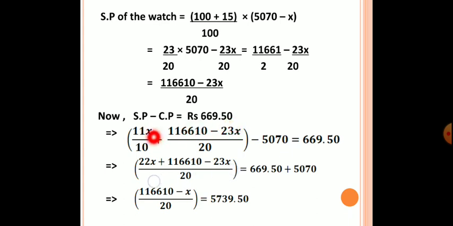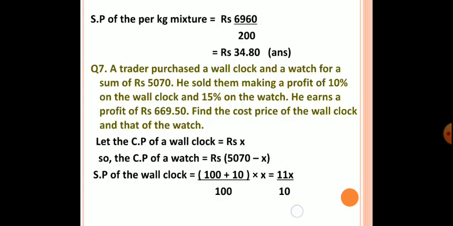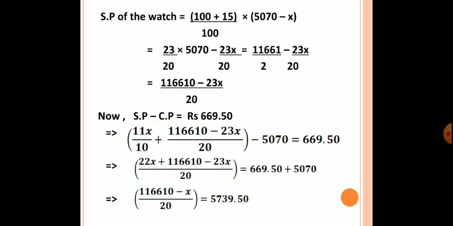So the selling price was 11x by 10 in the first case. That is the selling price of the wall clock. So the selling price of the wall clock is 11x by 10 plus the selling price of the watch is (1,16,610 minus 23x) by 20 minus the cost price, which is 5070 as mentioned in the question, is equal to rupees 669.50.